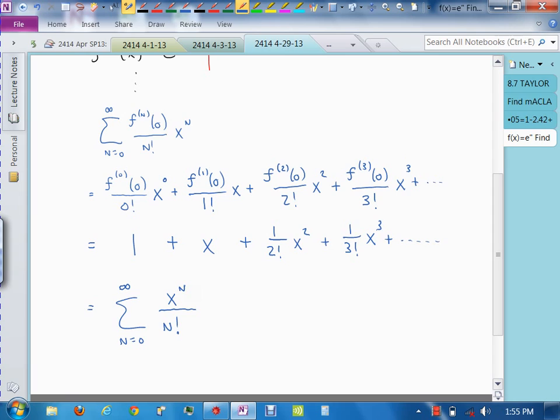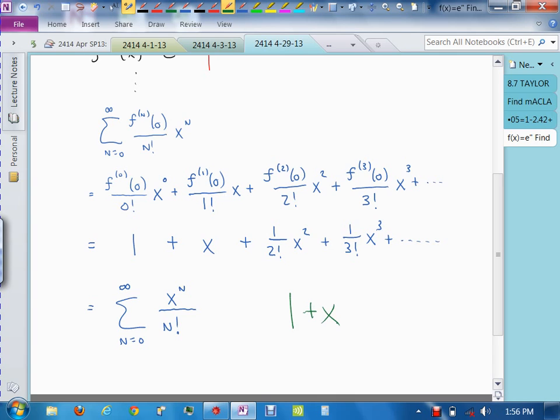I probably already showed you this. I think I remember doing it. What's the derivative of e to the x? E to the x. So look at this right here. Take the derivative of that. What would you get? What's the derivative of 1? 0. What's the derivative of x? 1. What's the derivative of 1/2 x squared? So 2 comes out, you get plus x.